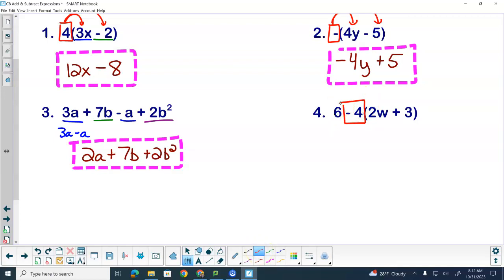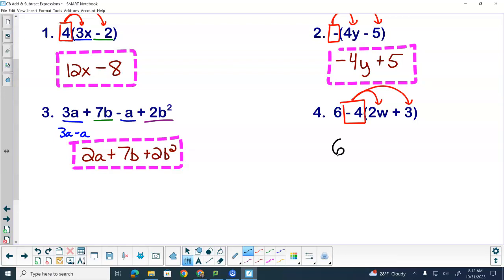Okay? So we're going to distribute in this -4. What's going to happen with this 6 that started out in front? Got it. Comes along for the ride. So we're going to start this next line with 6. We can't just go right in like number 1. We can't just go right to the answer because we've got a number out in front now.